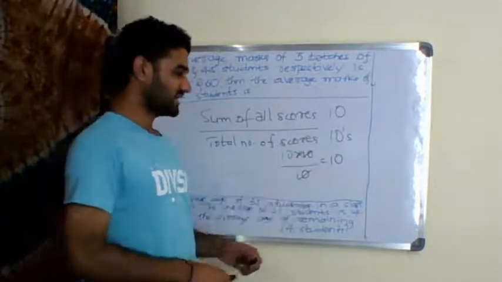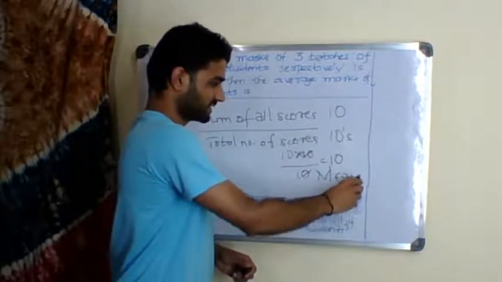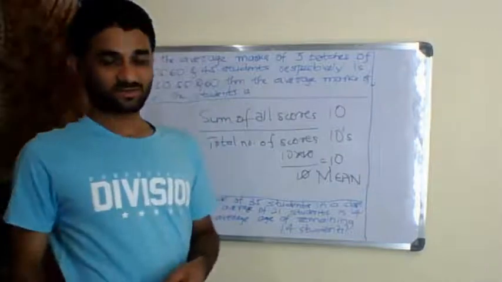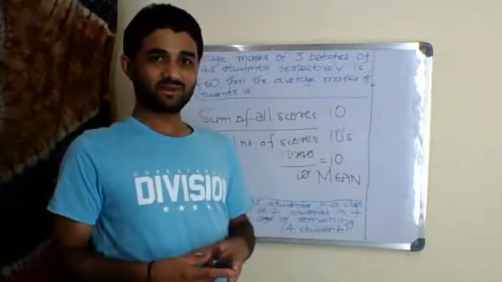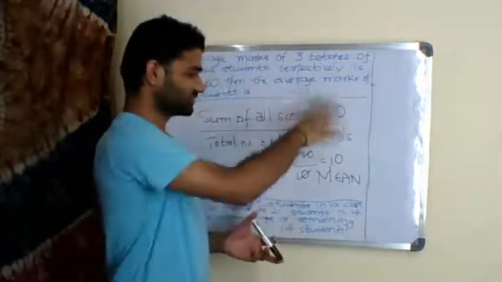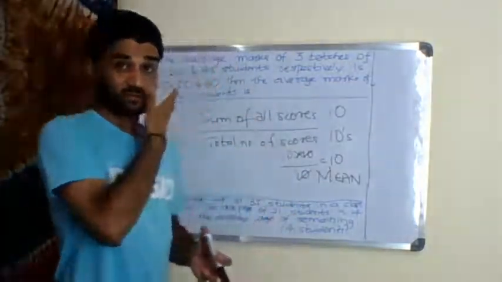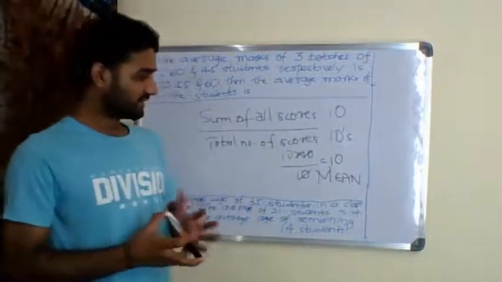It is also called the mean. Average is nothing but the arithmetic mean, or just mean. I took this very basic example to begin with for two reasons. Number one, you visualized what exactly average is: the sum of all scores divided by the total number of scores.